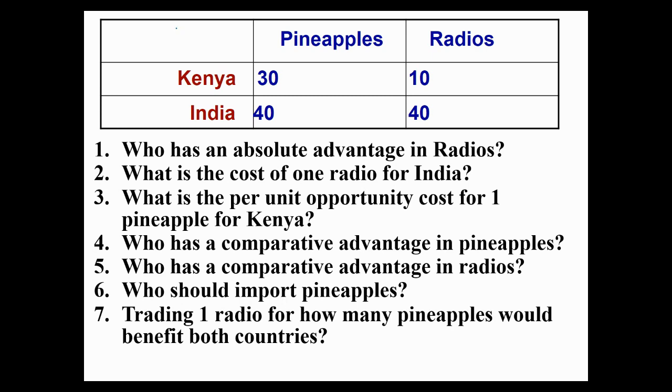If this was Kenya, we could put 30 here and 10 here, and there's the pineapples and radios, right? We're just going to draw a straight line, because those are the only numbers we have. They don't give us any other data to give us that bowed outward production possibility frontier.